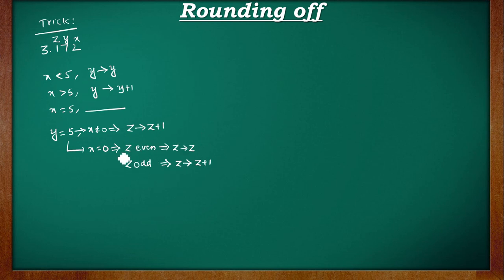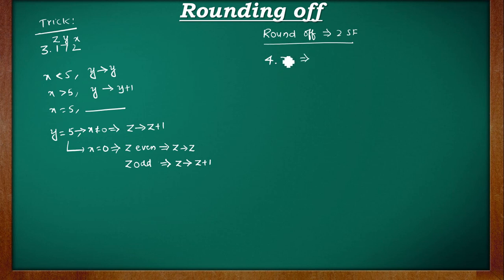Right, now let us take some examples so that you understand how to do it. A question is given: round off the following numbers to two significant figures. For example, the first one is 4.72.